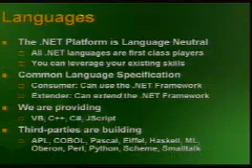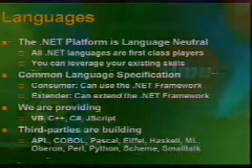It's not like one language is particularly blessed with one kind of capability and another is blessed with another kind of capability. Rather, all the languages have full access to the platform and you can truly leverage your existing skills. Now, in order to ensure that this really works, we have defined what we call the Common Language Specification, and we've done that in cooperation with a number of key partners.